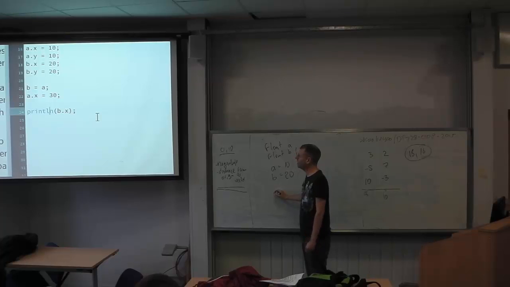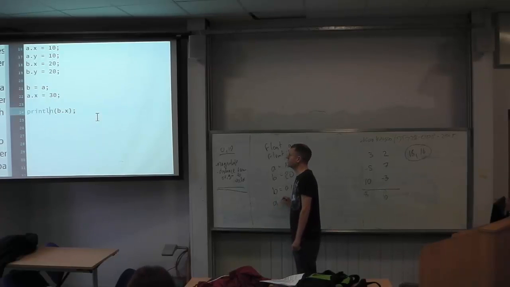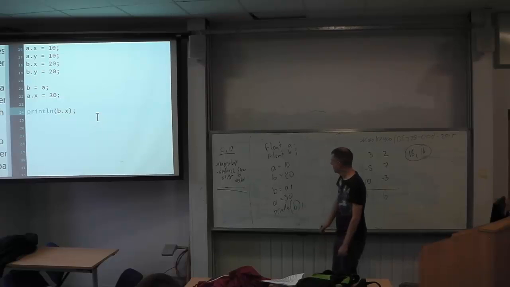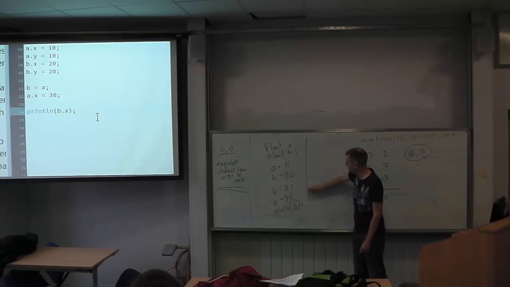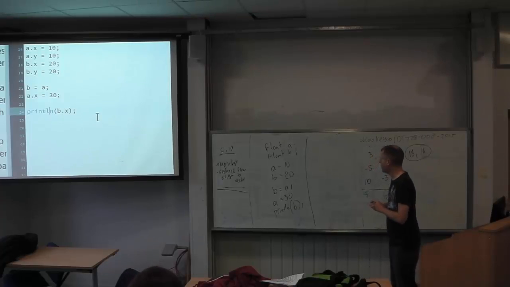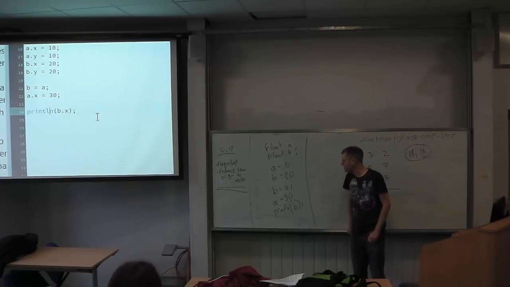Then B equals A, and then you go A equals 30, and then you print ln B. If these were floats, look at the code there. This is plain old floats that we've used so many times before. It's pretty obvious what gets printed out in this example here, isn't it?